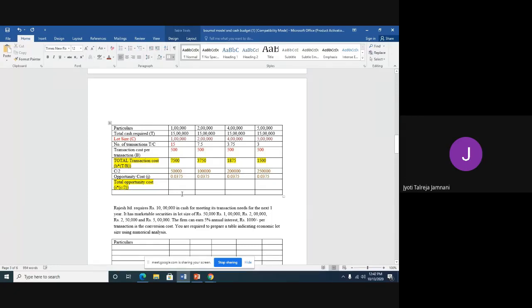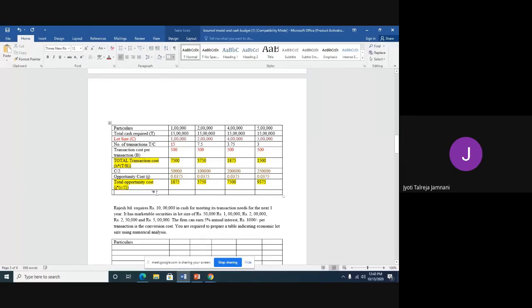So 50,000 into 0.0375, how much do you get? 1875. Then 1 lakh into 0.0375, 3,750. 2 lakh into 0.0375, 7,500. And 2,50,000 into 0.0375, 9375. So these are the values of opportunity cost.